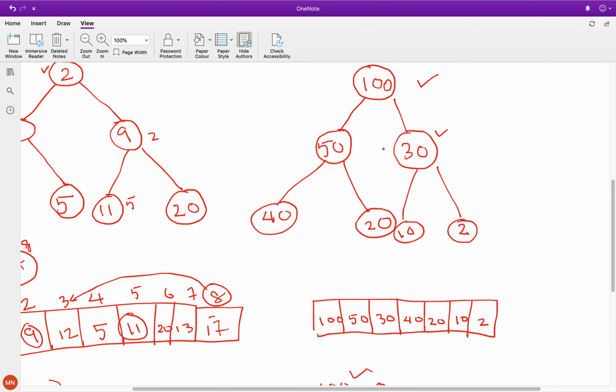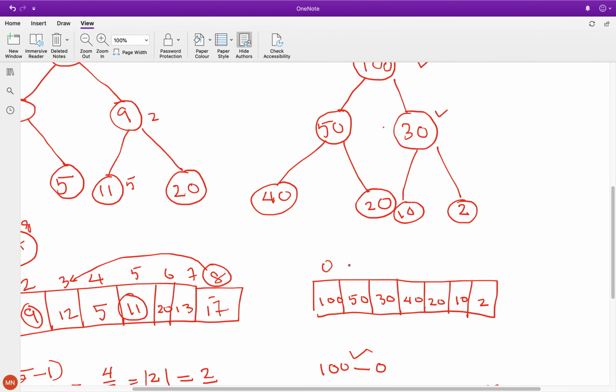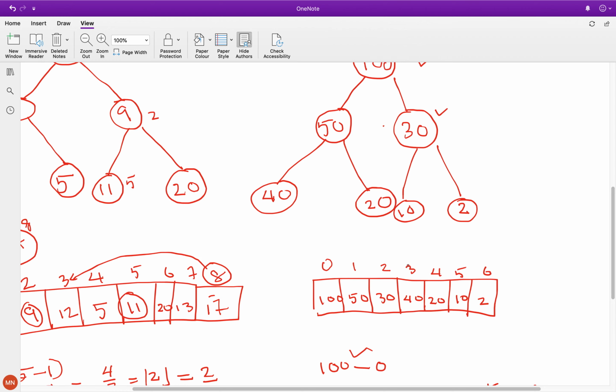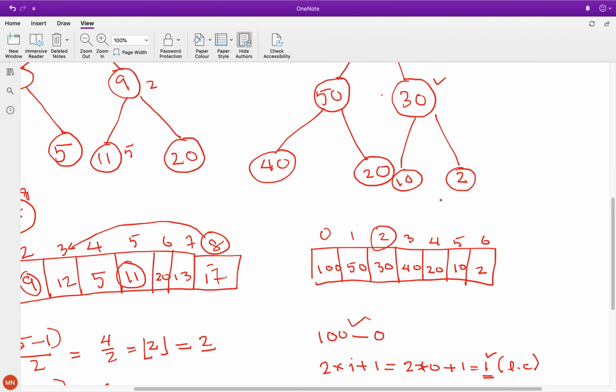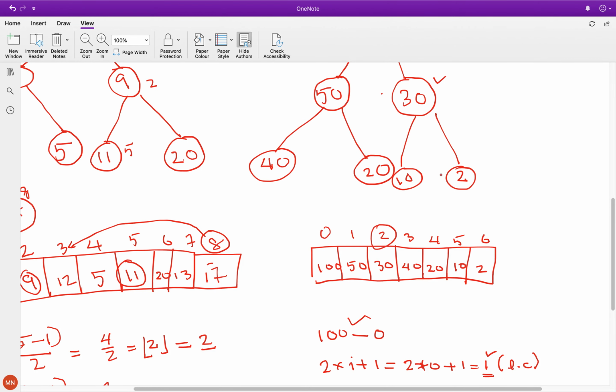Now if you have this number 30, let me write the indices here: 0, 1, 2, 3, 4, 5 and 6. So 30 has index 2, and you want to find the left and right child indices of this number.